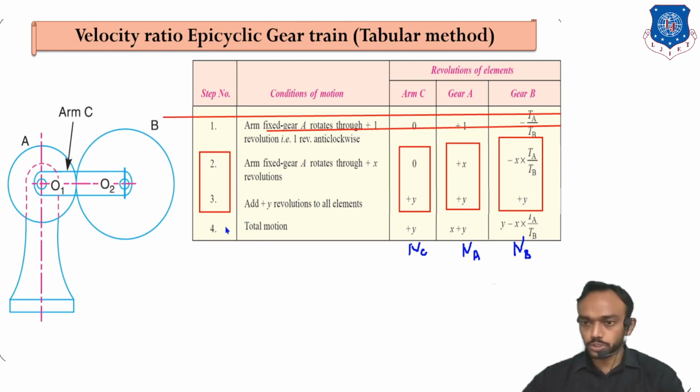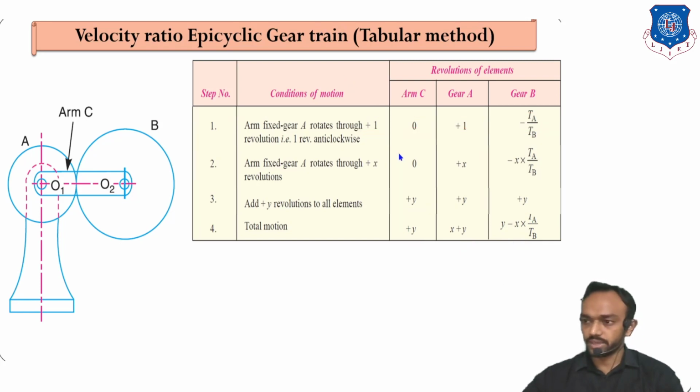In total motion, 0 plus y is equal to y, and x plus y, and y minus x TA upon TB. So you have written y minus x TA upon TB. Okay, there is a TA.